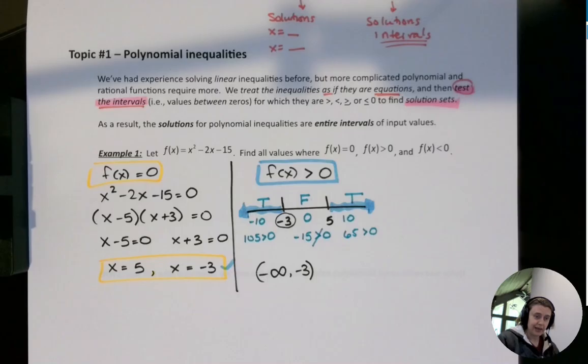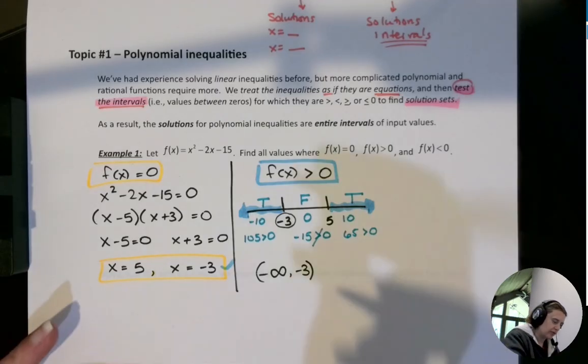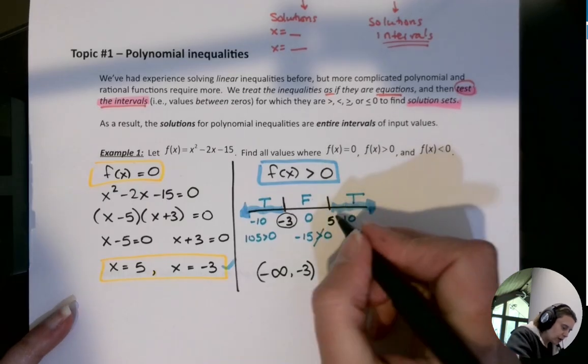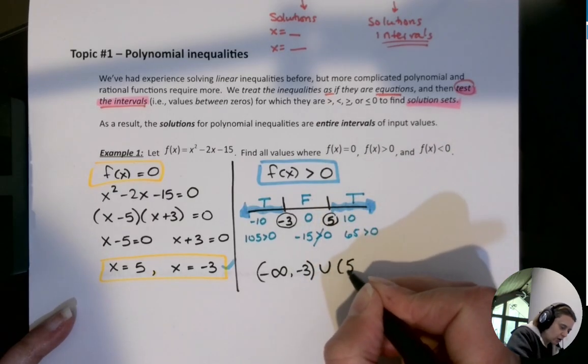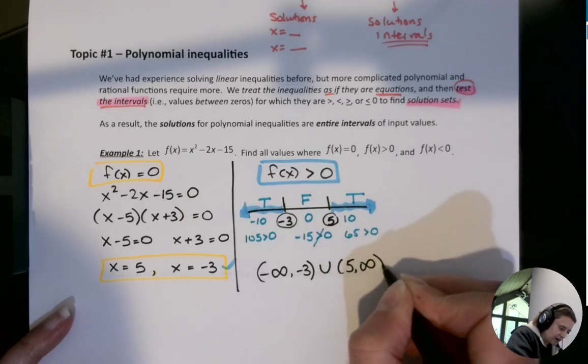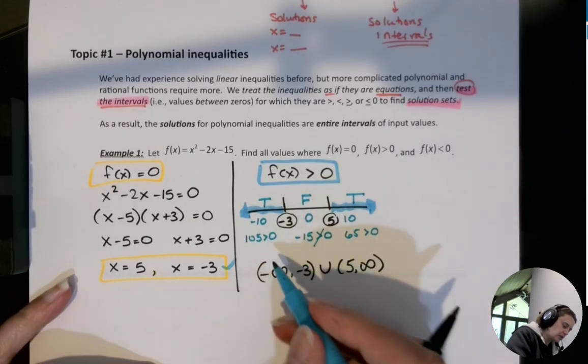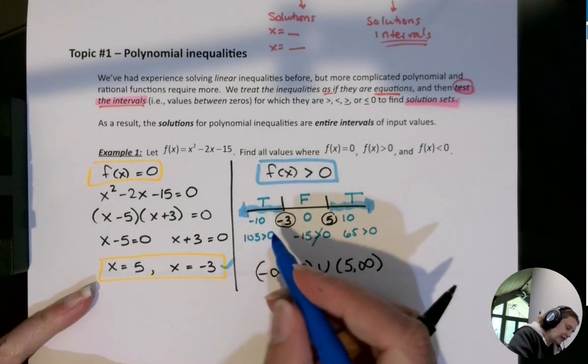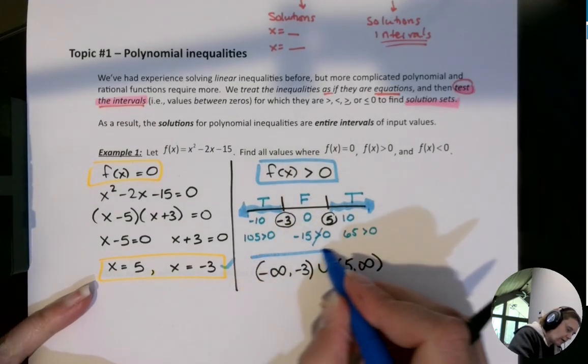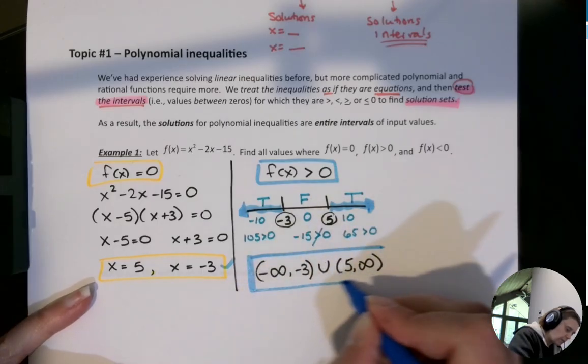We're not going to include the negative 3. We're going to exclude it, just go up to, but not including, parentheses there. And then we're going to start again here at 5. And we're going to go all the way up to infinity. So this is going to be the solution to the inequality where f of x is greater than 0.